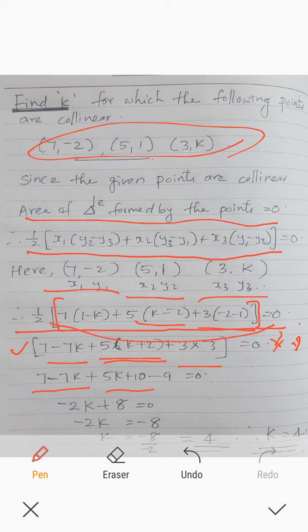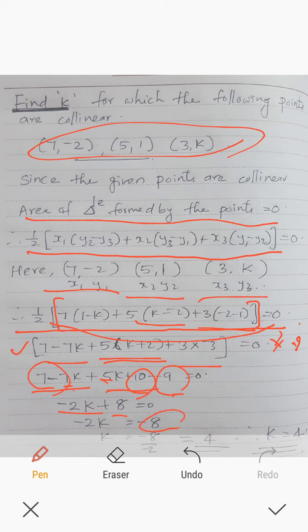Then here you see 5 into k plus 2 is 5k plus 5 into 2, 10. 3 into minus 3 is minus 9. Now add the like terms. Minus 7k plus 5k is minus 2k. 7 plus 10 minus 9 is plus 8. So minus 2k plus 8 equal to 0.